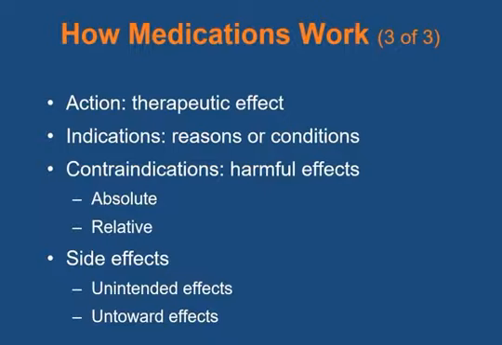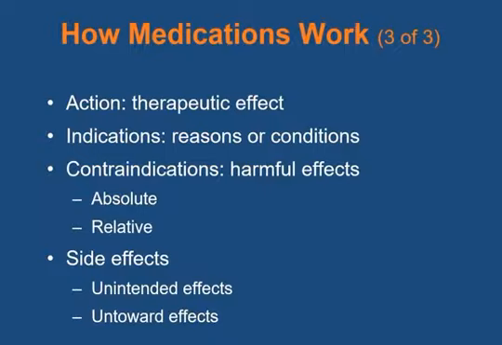Contraindications are situations in which a medication would either harm the patient or have no positive effect. Absolute contraindications are situations in which a medication should never be given if the contraindication is present. A relative contraindication is a situation in which the benefit of administering the drug may outweigh the risks of side effects.